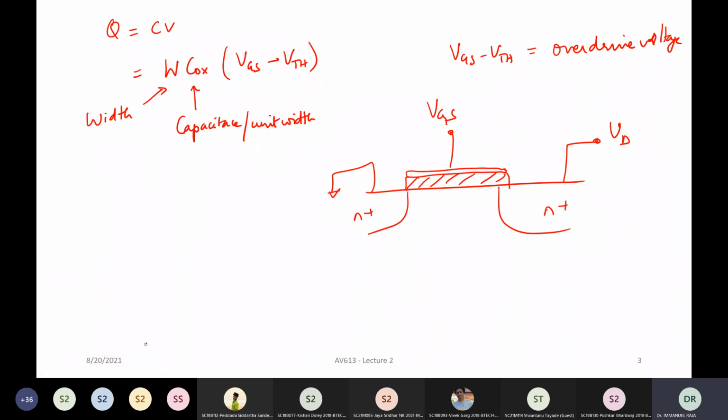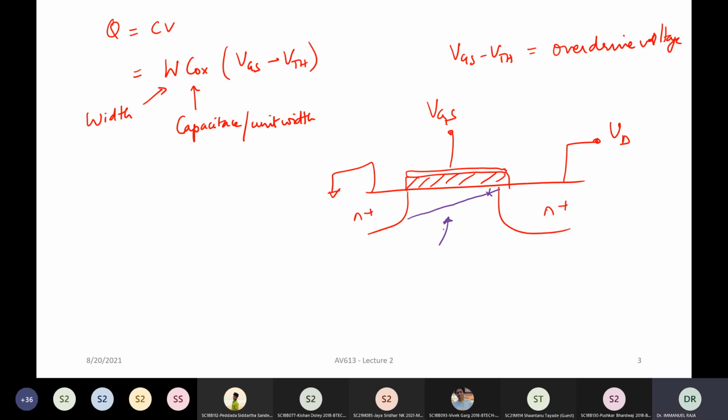If you pick a point close to the drain region, what is the effective voltage here? You have V_GS, and as you move closer and closer to the drain, the channel potential moves closer and closer to the voltage V_D.